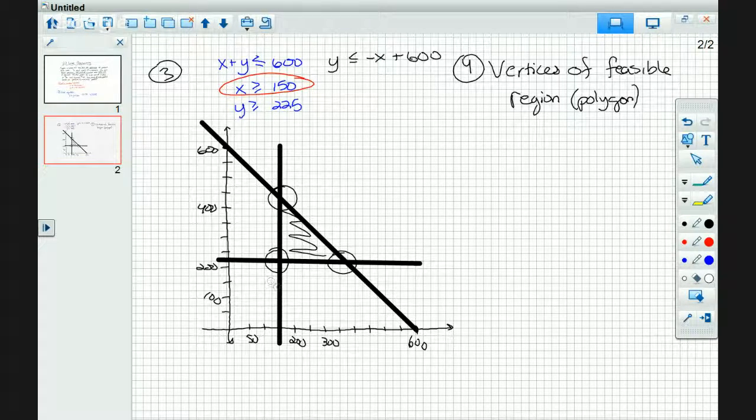Yeah, this one's pretty easy, right? The x and the y. What's that one? Well, if the x is 150, plug it in, what's the y value? Negative 150 plus 600.